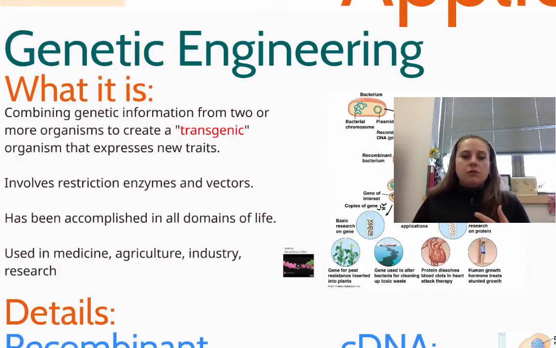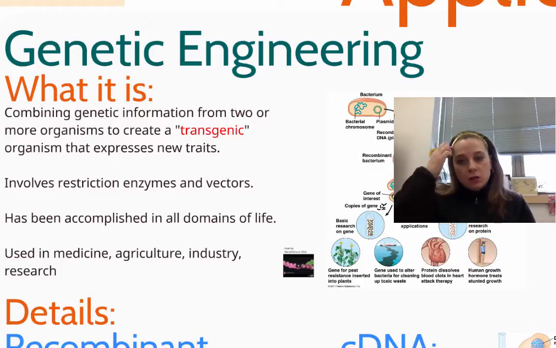We have accomplished this through many domains of life. We can use it in medicine, agriculture, industry, research. It's pretty awesome. So when you take a gene from one organism that is not found in another and you make it work in that other organism, you have genetic engineering.